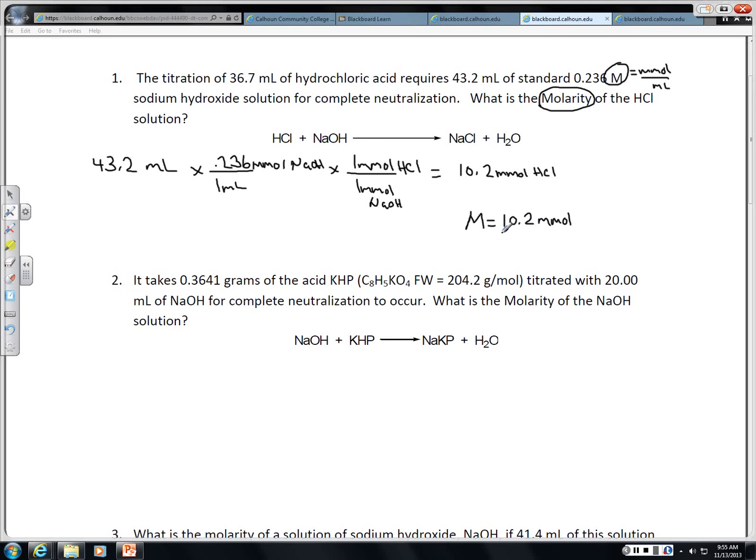Okay. Now all we have to do is plug in the volume. Okay. So if we look back at our equation, what was the volume of the HCl?